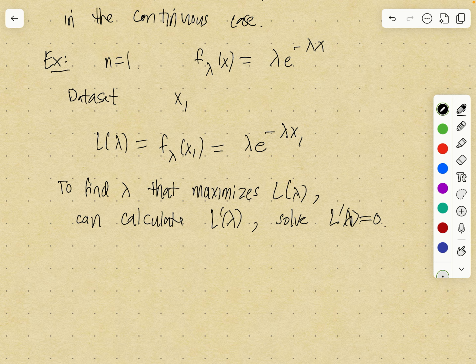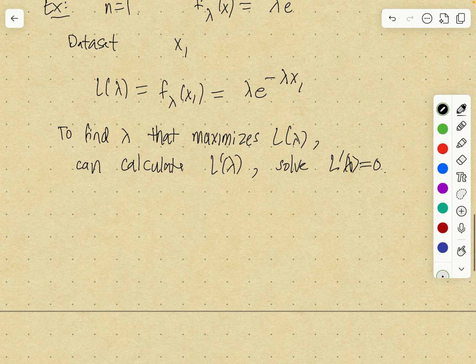You know from calculus that this happens. Well, in this case, we don't have endpoints. I guess one endpoint would be lambda equals 0, but that wouldn't even work. So there are no endpoints to this, and so your maximum is going to occur at a critical point, right? When the derivative is 0.